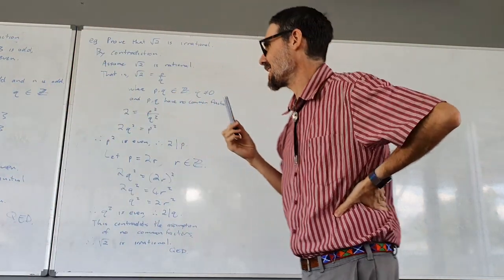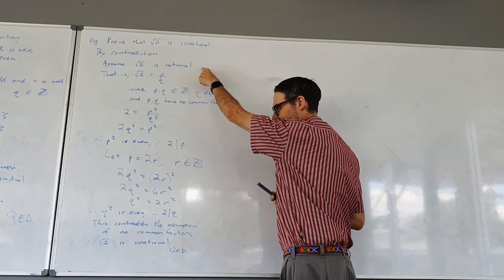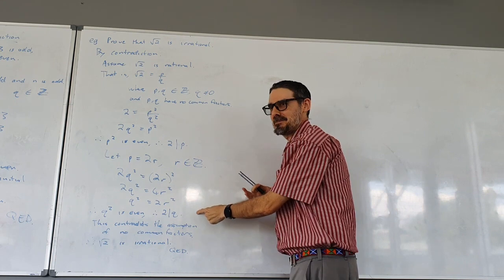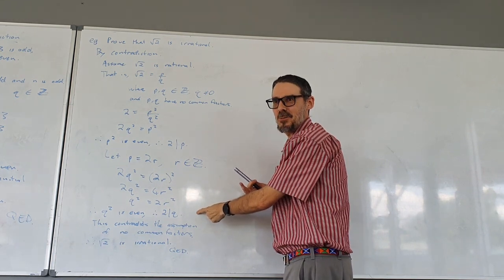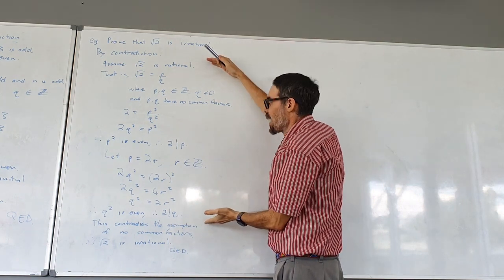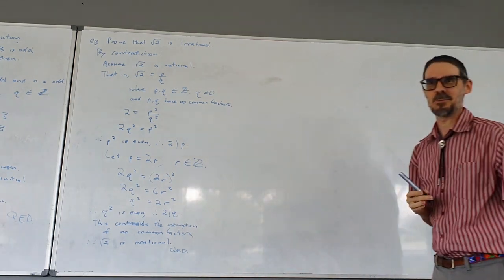It's a little bit tricky to get your head around. I'm assuming the opposite and then showing that my assumption leads to the opposite of what I started with. So this can't happen, therefore this must be wrong, it must be irrational.